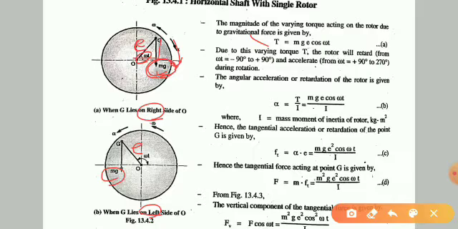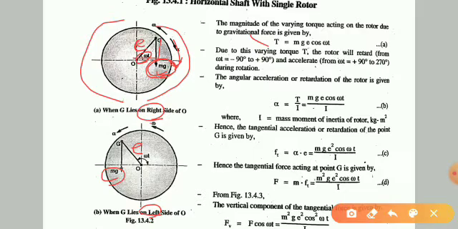So due to the variation of the torque, rotor will retard from minus 90 to plus 90, and accelerate from plus 90 to 270, which means from this point to this point it will retard, and from this point to this point it will accelerate.